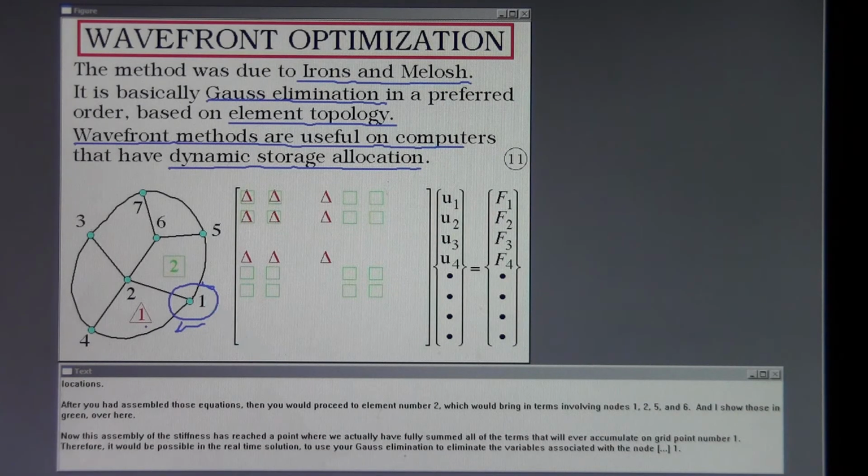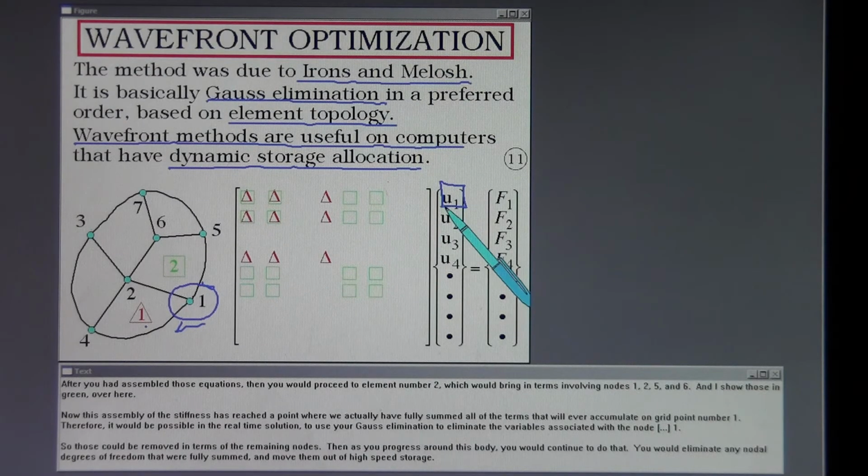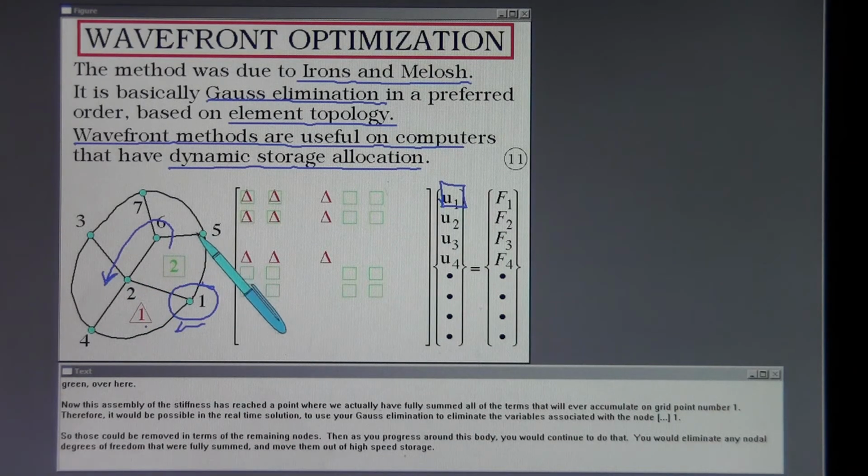Therefore, it would be possible in the real-time solution to use your Gauss elimination to eliminate the variables associated with the node U1. So those could be removed in terms of the remaining nodes. Then as you progress around this body, you would continue to do that. You would eliminate any nodal degrees of freedom that were fully summed and move them out of high-speed storage.